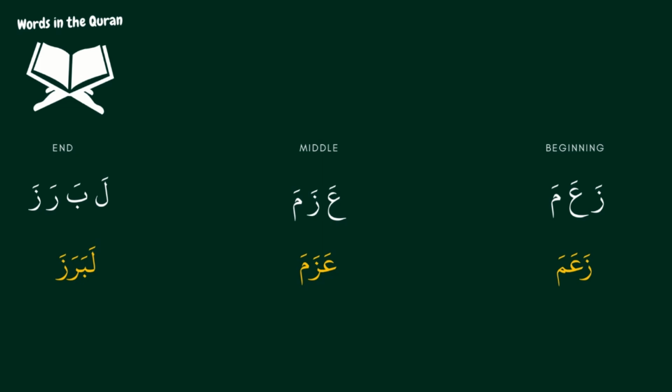The letters that can't be joined are Dhal, Zal, Ra, and Zay.